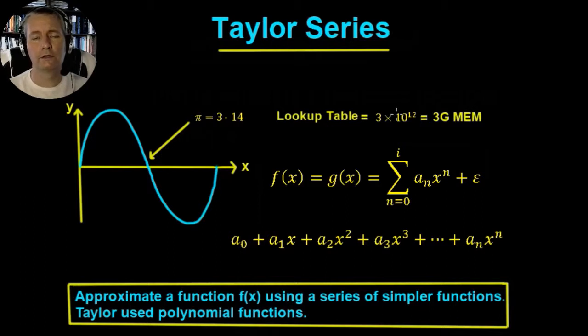Now what's going on is that we're not using the system of a lookup table. What we're doing is approximating the function using a series of simpler functions. So what do I mean by simple functions? By simple functions I mean functions that at their heart have only simple arithmetic operations.